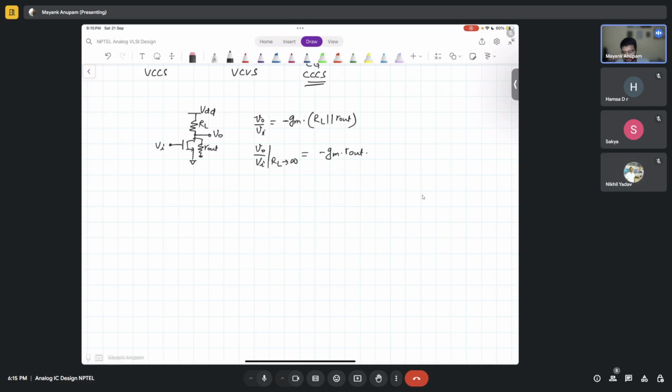So the intrinsic gain of a MOSFET is the gain of only the MOSFET from input to output when the output load is assumed to be infinite. For a common source configuration, the intrinsic gain of a MOSFET is simply minus gm times R out, nothing else.